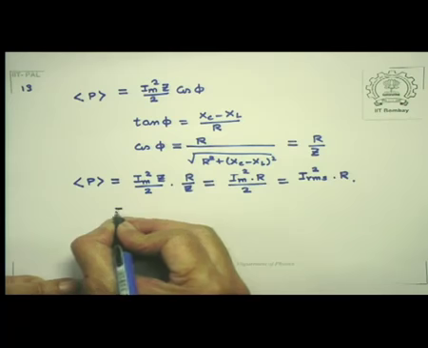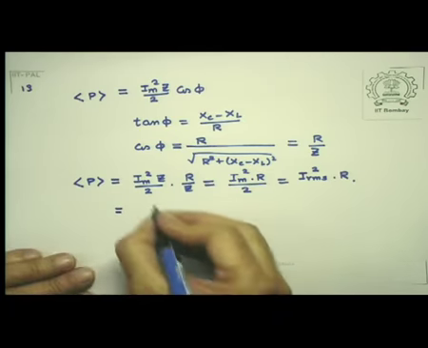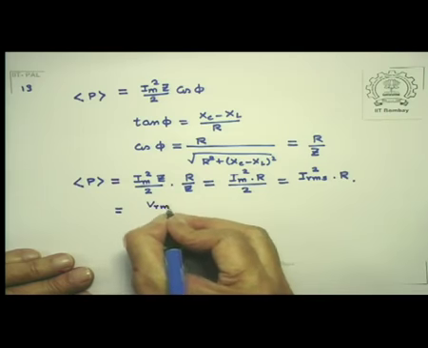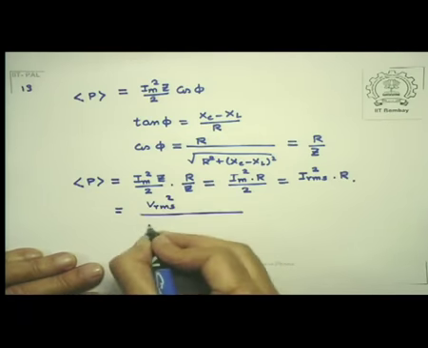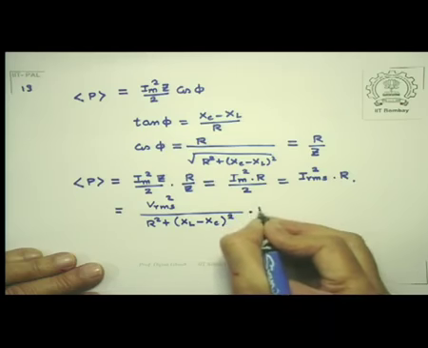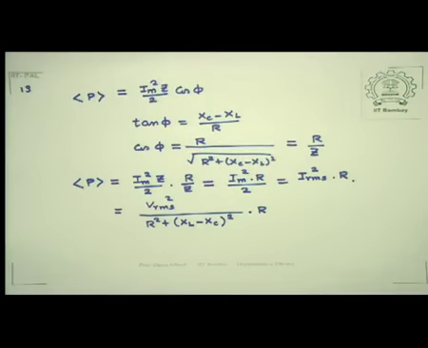Let's look at what its variation is like. This is nothing but V RMS square times R divided by R square plus XL minus XC whole square. If you plot this average power as a function of the frequency, where does the frequency dependence come in? It comes in XL and XC.